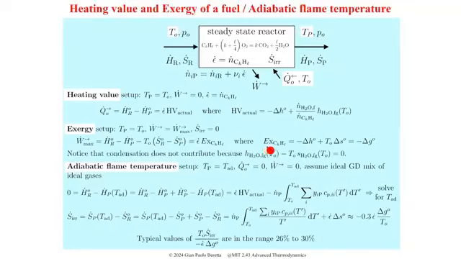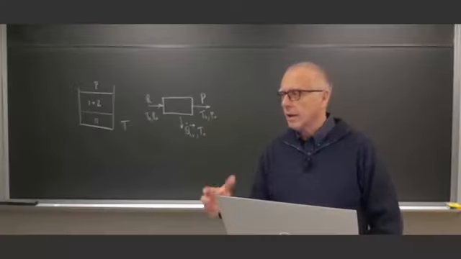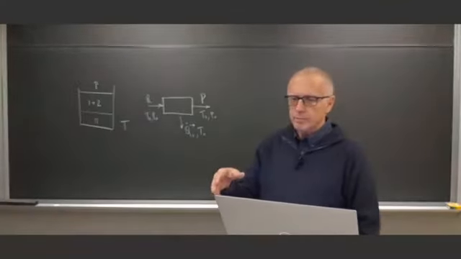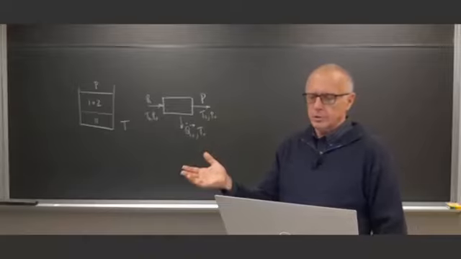If you want, what I'm neglecting here is the mixing entropy terms that are here, depending on how you put in your fuels. Certainly the air is a mixture of oxygen and nitrogen.